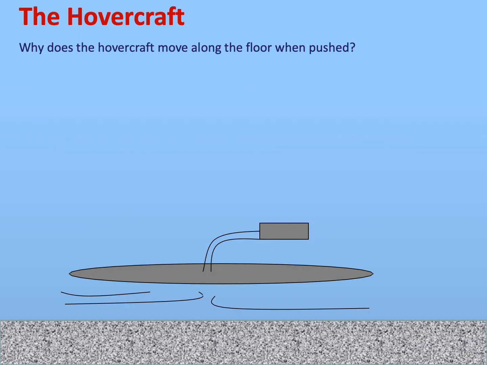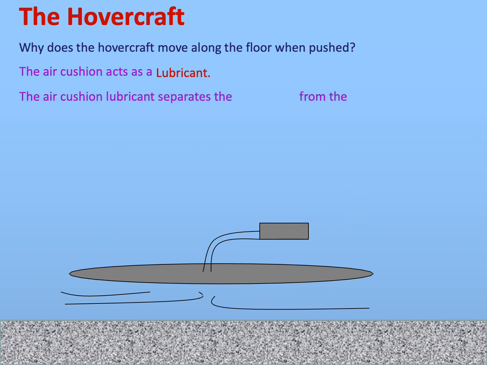Now, I know most of you enjoy going on the hovercraft, but I wonder if you know why it is that the hovercraft moves along the floor once it's been given a little push. Well, I'm now going to explain. The air cushion of the hovercraft, blown down by the blower, acts as a lubricant. The air cushion lubricant separates the hovercraft from the floor.